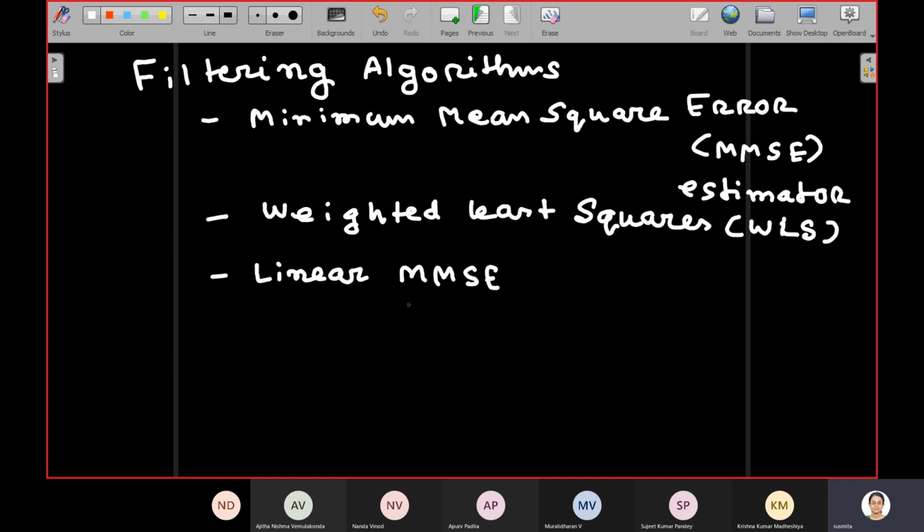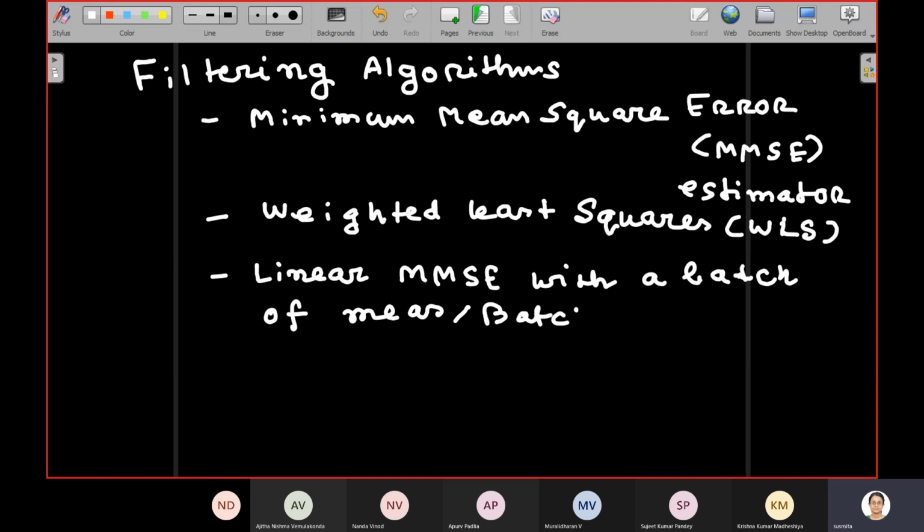Therefore, we have this linear MMSE where we impose that it has to be a linear function of y. We are going to see the implementation of linear MMSE with a batch of measurements, which we also call a batch estimator. The fourth one is the Kalman filter.